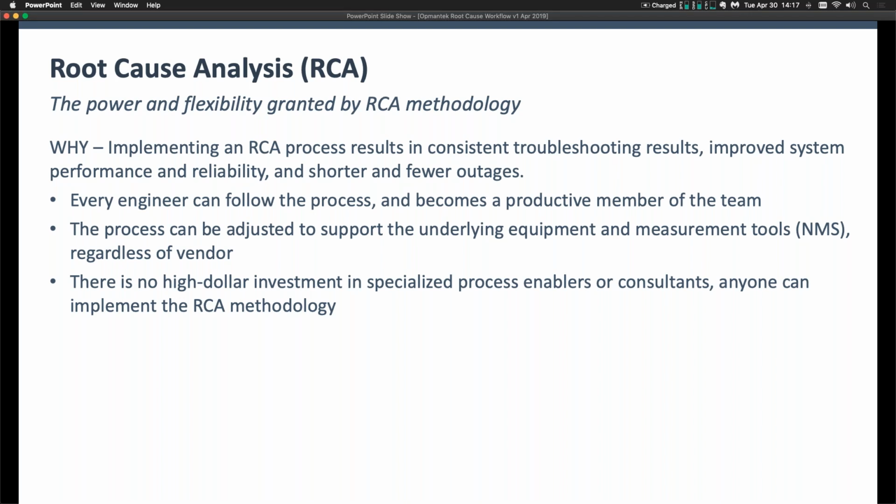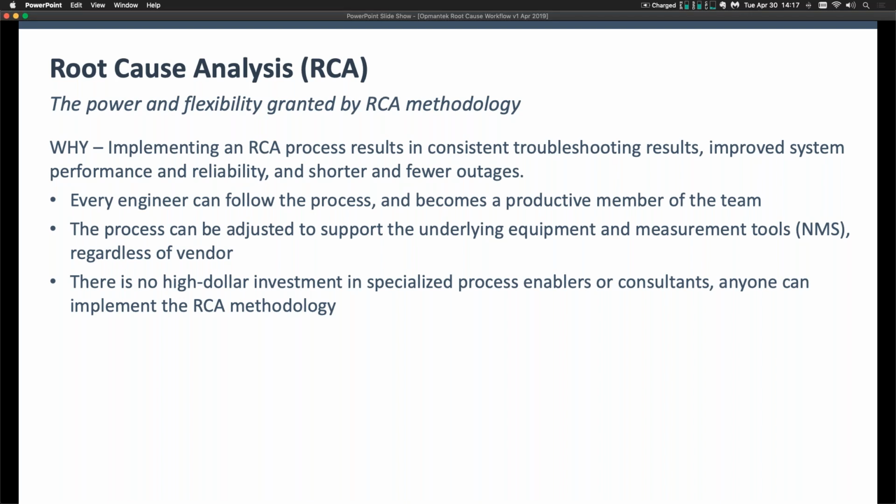Sometimes you'll have split outs as well, DevOps teams versus monitoring teams, NOC teams versus engineering teams, implementation teams. And so there ends up being walls between teams, very little communication. And again, that tribal knowledge held in the hands of very few people doesn't get documented well, doesn't get shared with other team members. And so implementing an RCA process can really help every engineer step up and become a productive member.